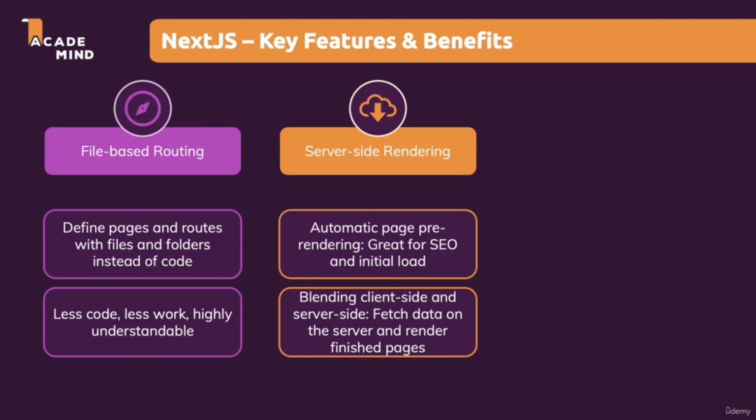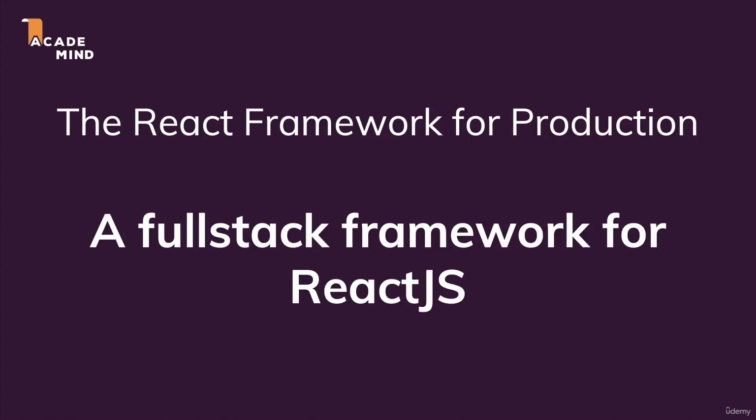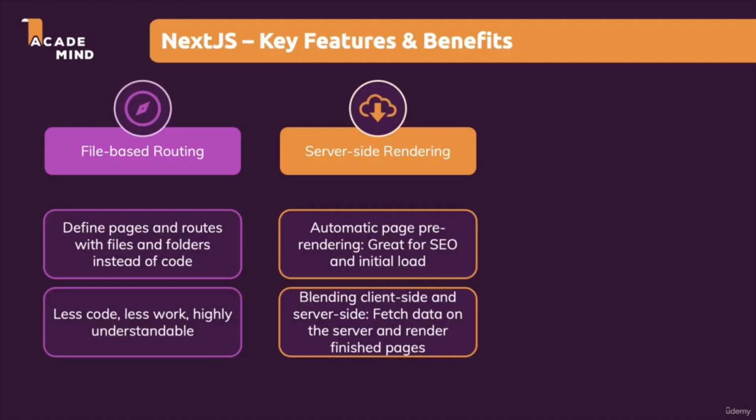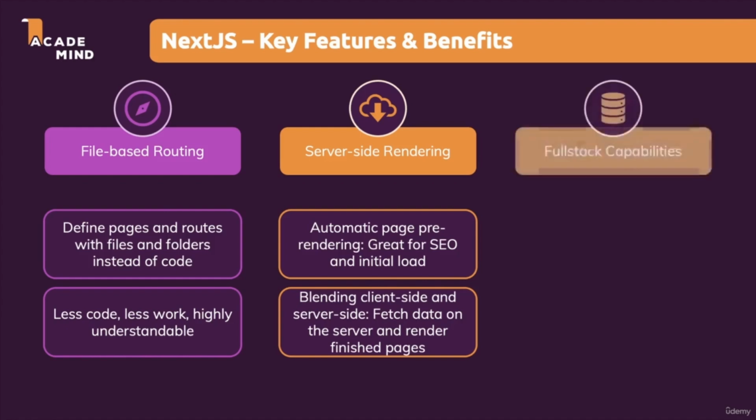Now, Next.js has more amazing features, but the last key feature, which I want to point out here, is the feature which is most important for me labeling Next.js a full stack framework. Because Next.js also makes it easy for us as a developer to add backend code to our React project.